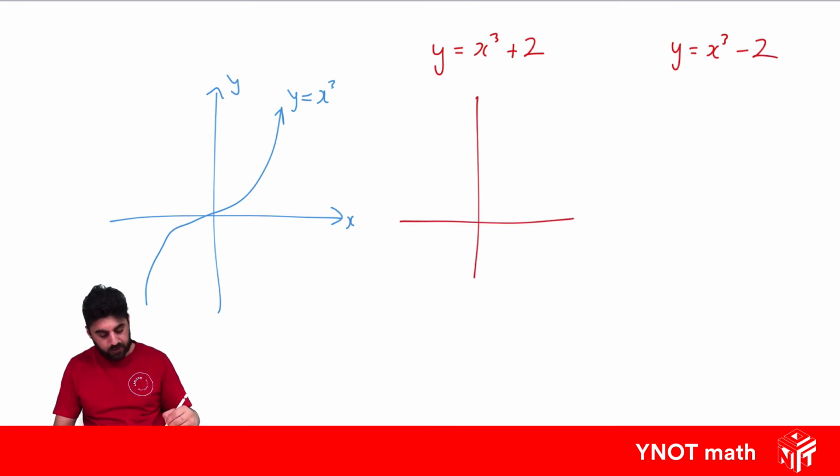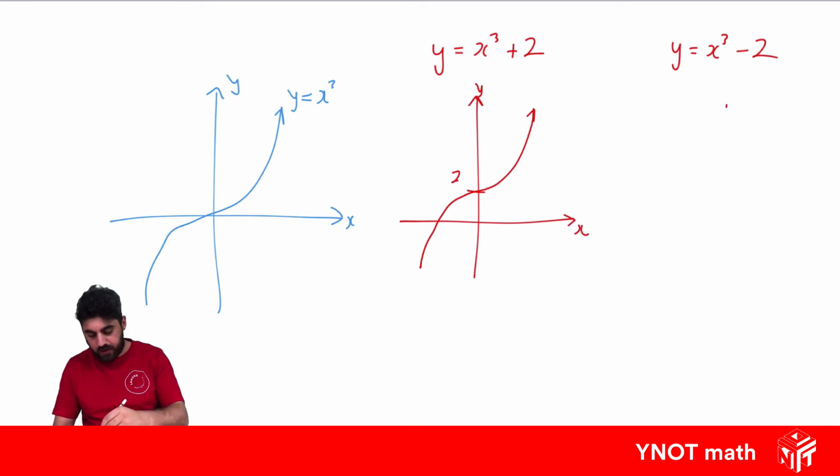So our original cubic is going through 0. So if you shift everything up by 2, the cubic now cuts through 2. If you make it negative 2 on the end, it'll go down by 2 just like that.